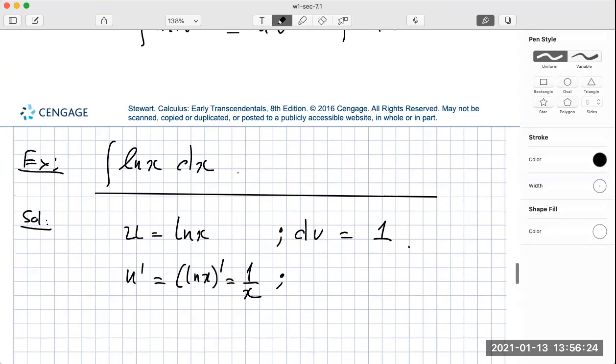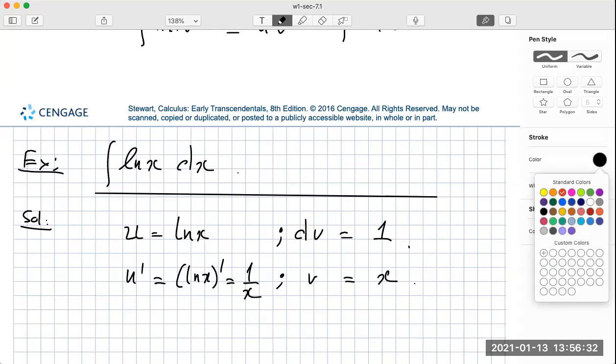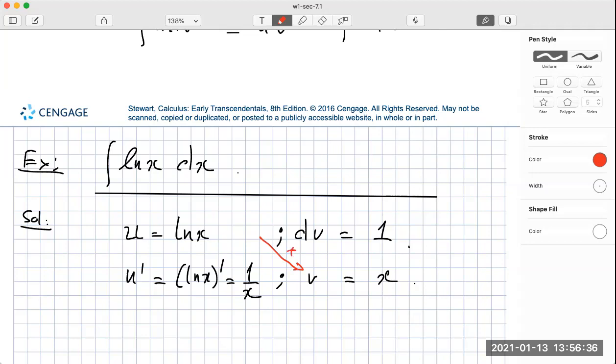So the antiderivative of 1, what is it? Yes, x. Okay, the same rules. Multiply this with a positive sign and subtract the integral of this one.